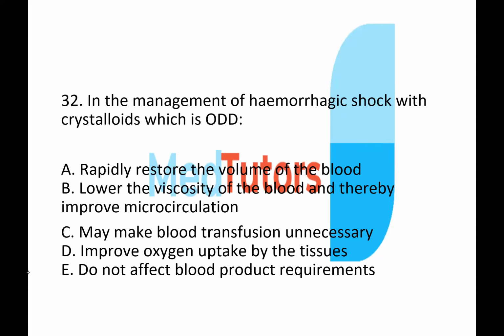B. You see, crystalloid is what you use initially. If a patient is losing blood, don't go and give blood. You commence resuscitation with crystalloid first. And obviously, you know the reason. Lower the viscosity of the blood and thereby improves microcirculation. That is correct.